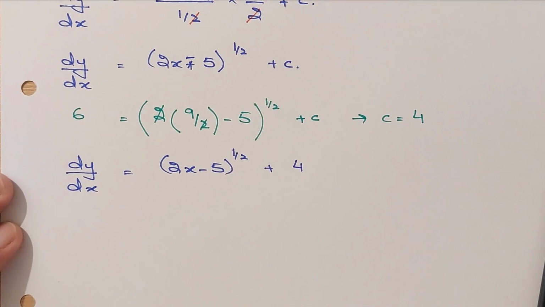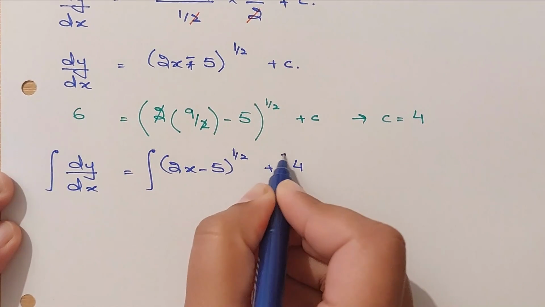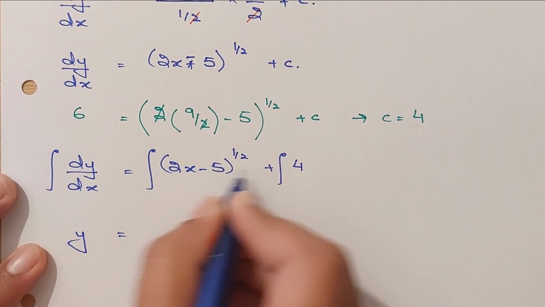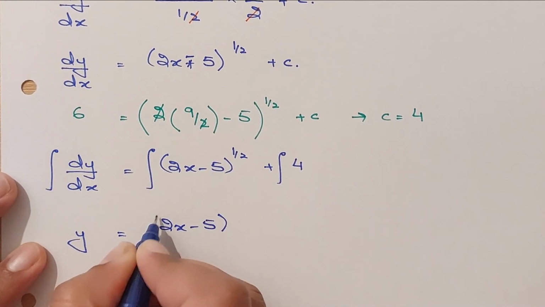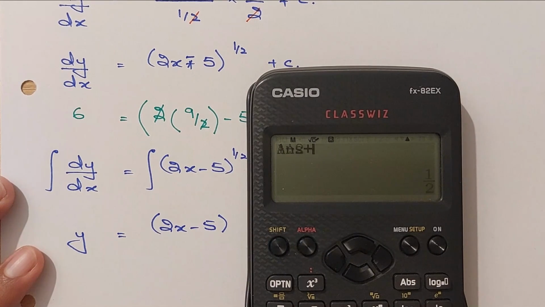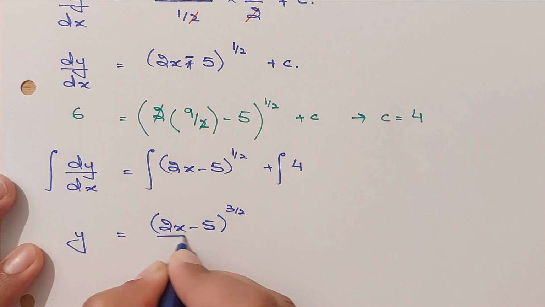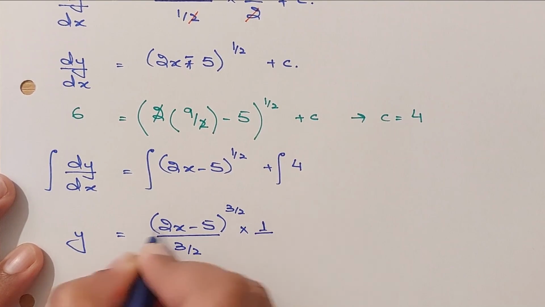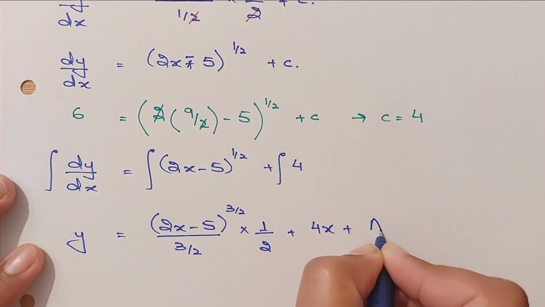Now we have to integrate it one more time. So integration, right? So we have y equals, again we have to integrate this function, (2x minus 5) to the power 1/2 plus 1, this is 3/2. Yes, 3/2 divided by 3/2 and times 1 over the derivative of this function, which is 2, plus 4x plus some constant of integration.